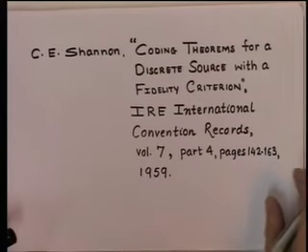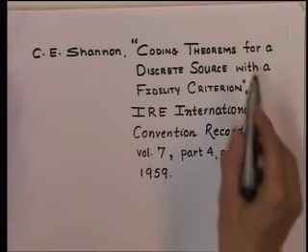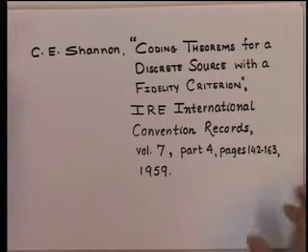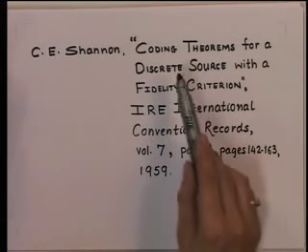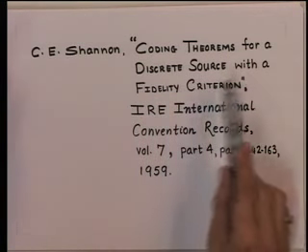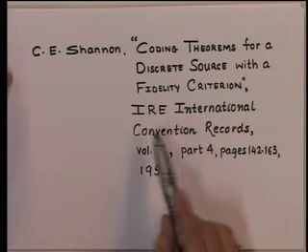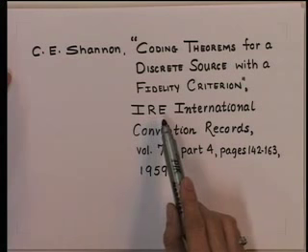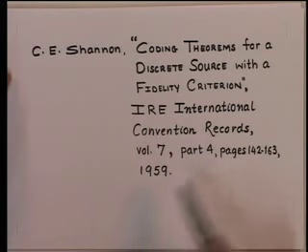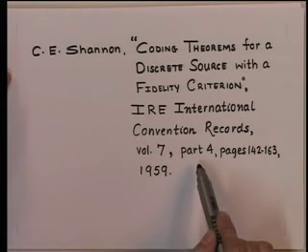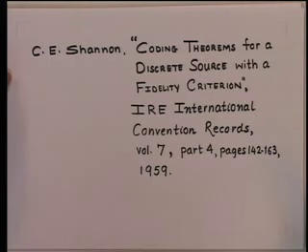The paper by Shannon is stated here: Coding theorems for a discrete source with a fidelity criterion. It appeared in IRE International Convention Records, volume 7, part 4, in 1959.